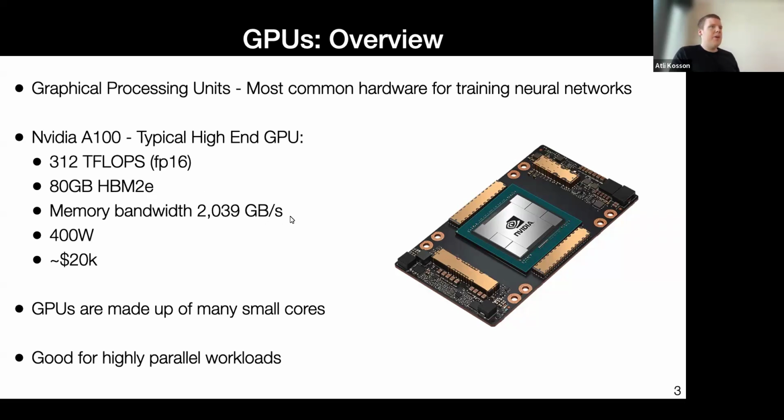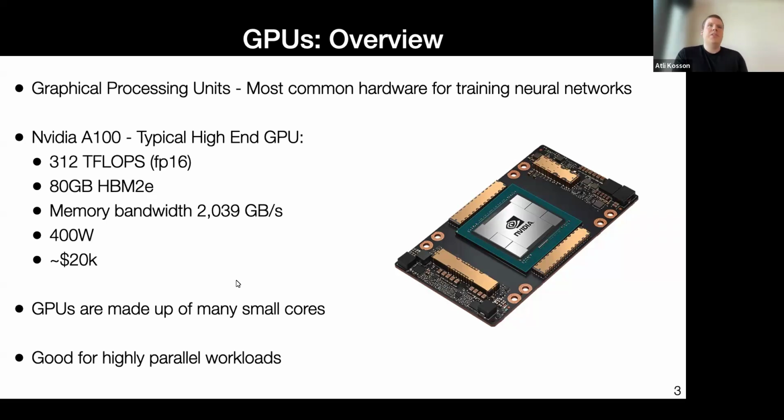Relatively high memory bandwidth compared to CPUs, meaning that you can read this memory relatively fast, but as we'll see later, still not that fast overall. 400 watts roughly, and if you wanted to buy one, it's roughly 20K, but you can rent them online for maybe $1 an hour or so.